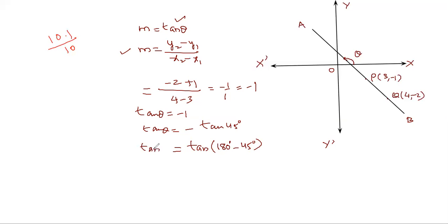Are you getting it? So tan theta will be equal to tan of 180 minus 45, which is tan 135 degree. You can also remember, tan theta equal to minus 1 always gives theta 135 degree. So the line is making an angle of 135 degree with the x-axis.